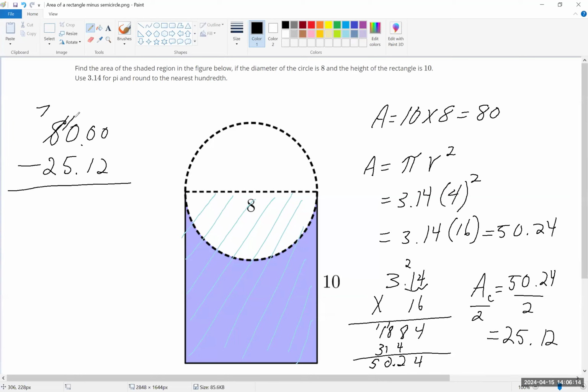And we'll use our standard algorithm. And so I'm getting 54.88 square units. I don't think you need to put anything in for the units. It's the 54.88.